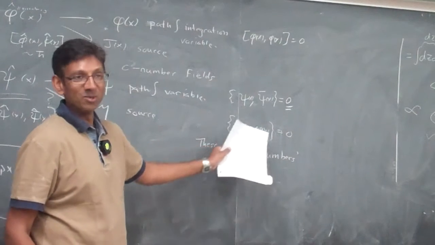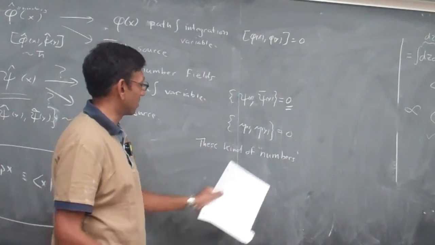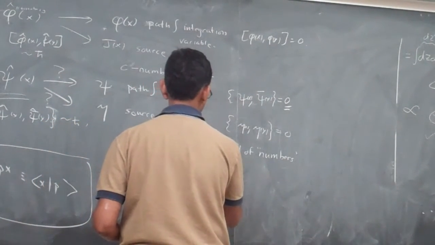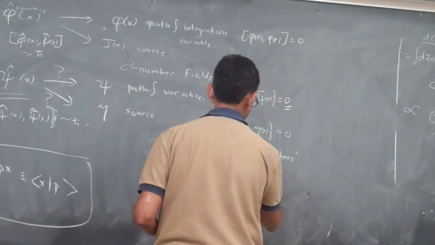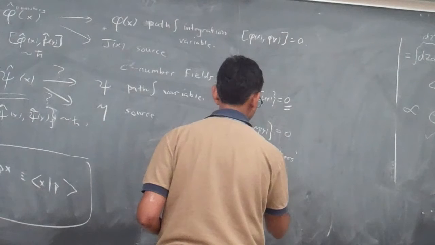It's something that anti-commutes with other numbers. So these kinds of numbers are called Grassmann numbers. I forget how many n's in Grassmann.